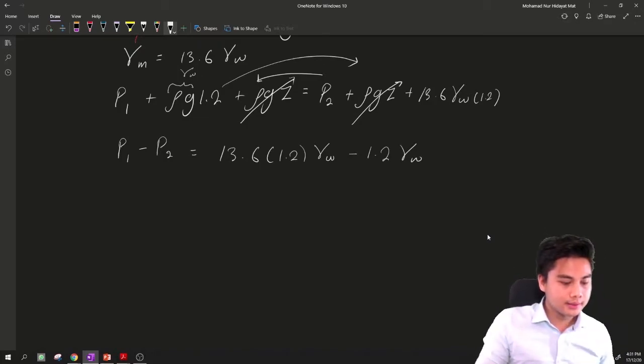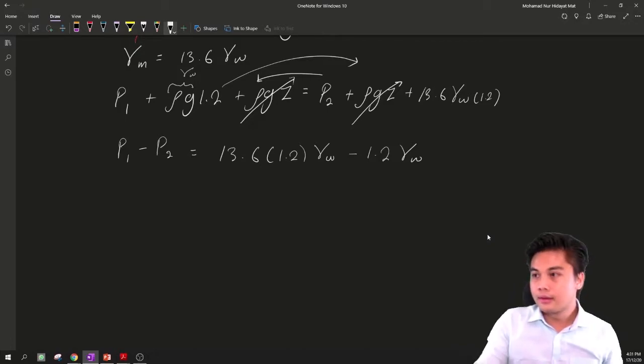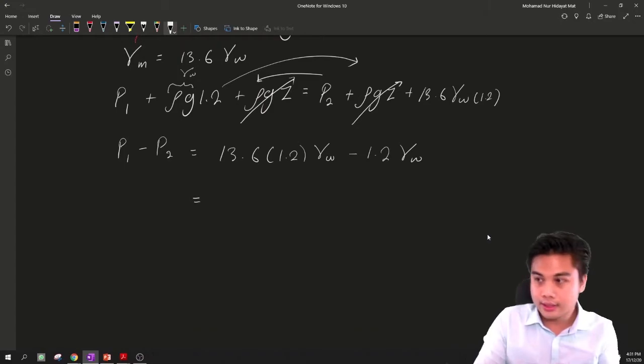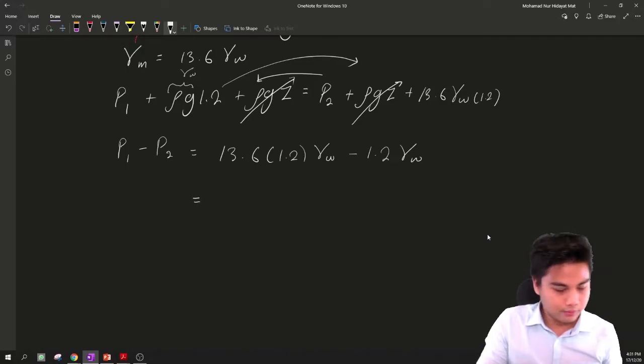Right, so after we have done this, we factorize gamma. We solve 13.6 multiplied by 1.2 minus 1.2.